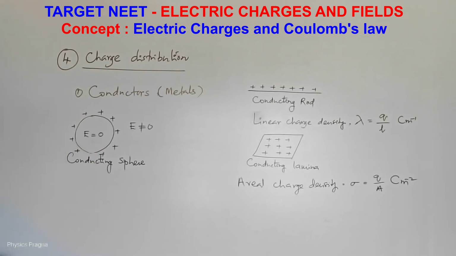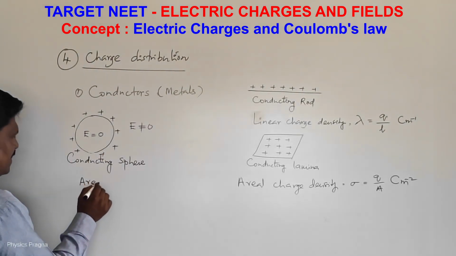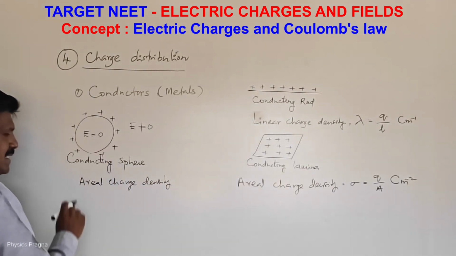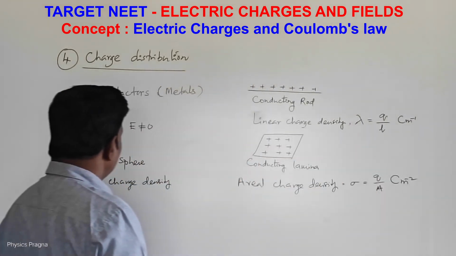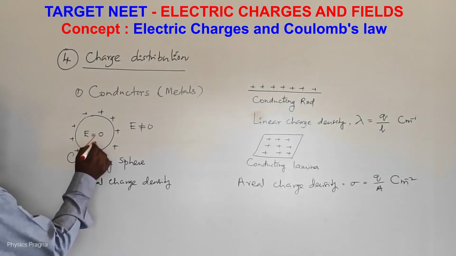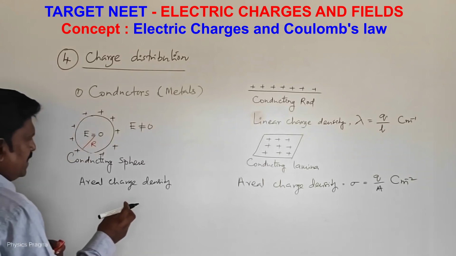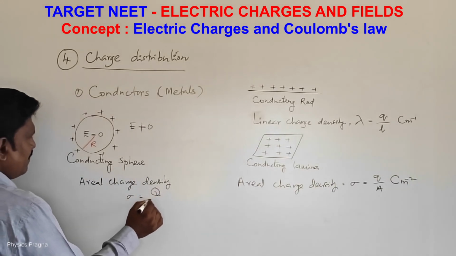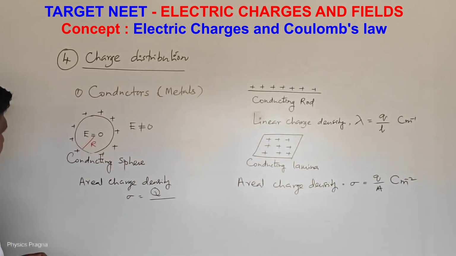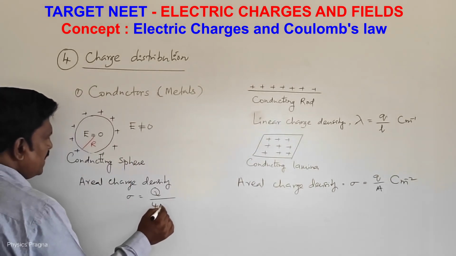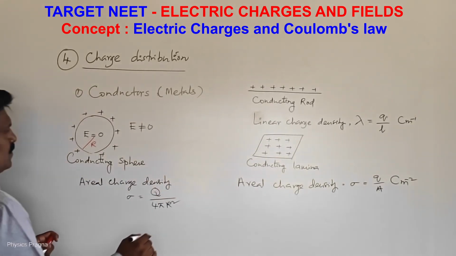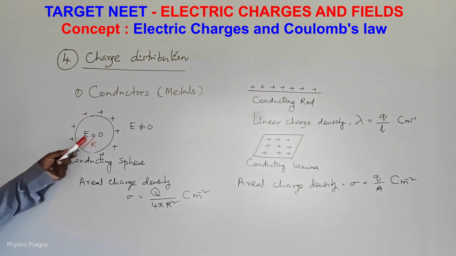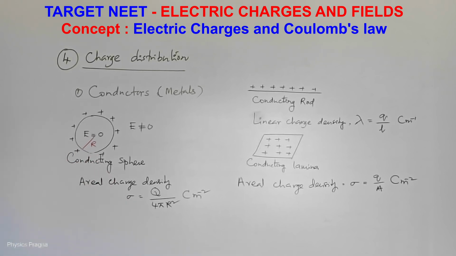Let this be the radius of the sphere. Then charge density sigma is equal to total charge, capital Q, divided by the surface area of a sphere, 4 pi r square, in coulomb per meter square.